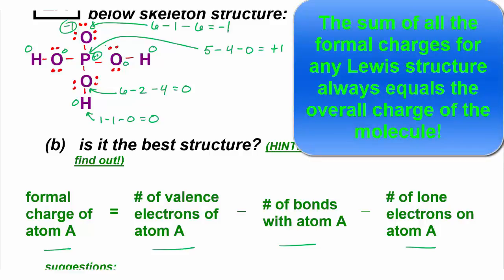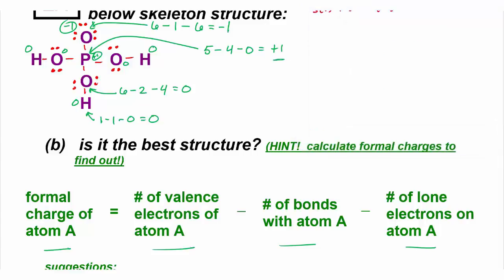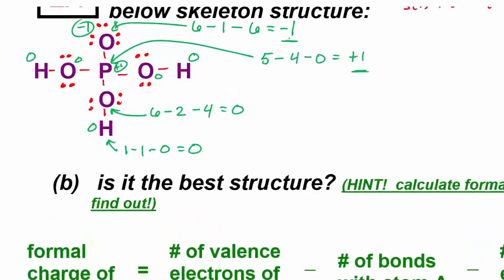So notice a few things here. If you do everything correctly, all of the formal charges add up to be the overall charge on this molecule. Well, this molecule doesn't have a charge, so all of our formal charges should add up to be 0. So we have zeros for everything except phosphorus and oxygen. So if we can come up with a Lewis dot structure that has zeros for everything, that would be the best Lewis dot structure that we could get for this molecule because it has an overall charge of 0.